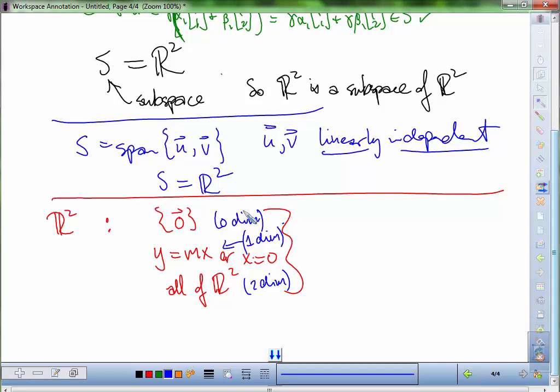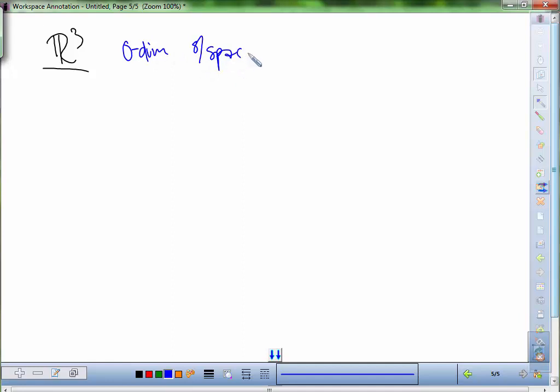All right. So we can do the same song and dance in R3, or I can just tell you what those possibilities are. So I think I'm just going to tell you what the possibilities are for R3. In R3, the possible zero-dimensional subspace is going to be the zero vector.